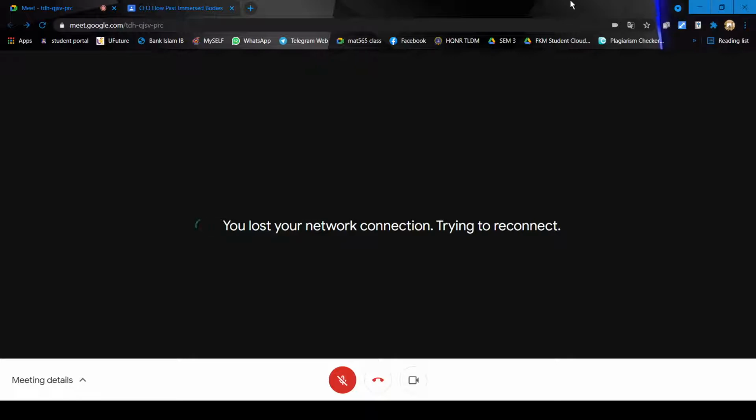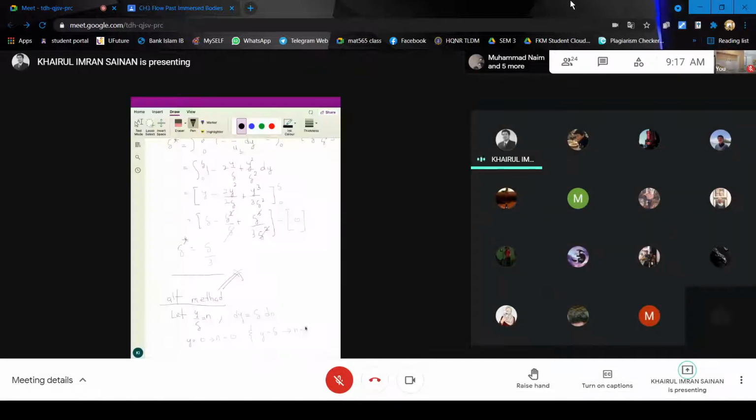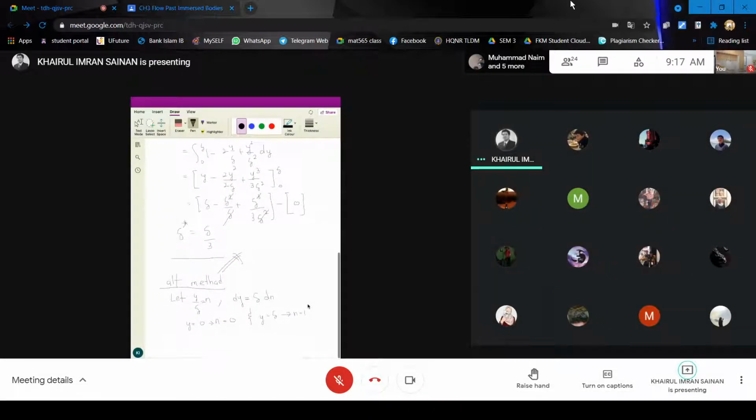And when y equals delta, we can replace it with n equals 1. Okay.